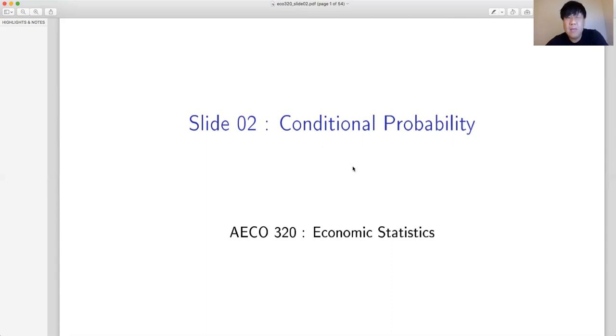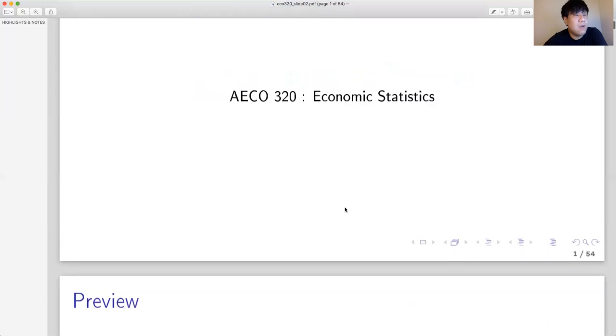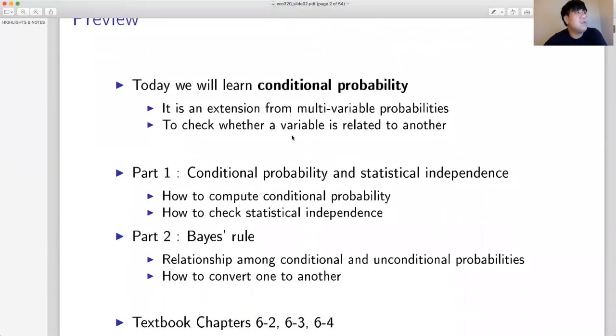So the statement is based on some conditional statement. Maybe some of you have already learned this before, but this is particularly important in economics because sometimes we are conditioning on something. What is the impact of something on something? So basically, this will be very useful later.